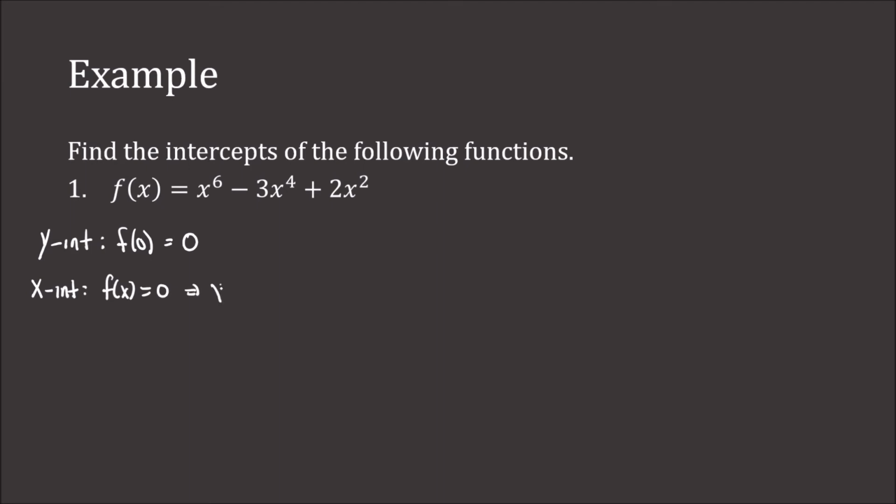So we have x to the 6th minus 3x to the 4th plus 2x squared is equal to 0. If we look at each term, there is an x squared common, so we can factor out an x squared. We'll be left with x to the 4th minus 3x squared plus 2 is equal to 0.